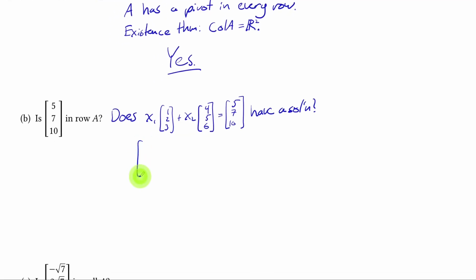We know that this is the augmented matrix for the corresponding system of linear equations. And we can row reduce this. The goal is to get zeros below this 1 in the top left. That will be a pivot position.